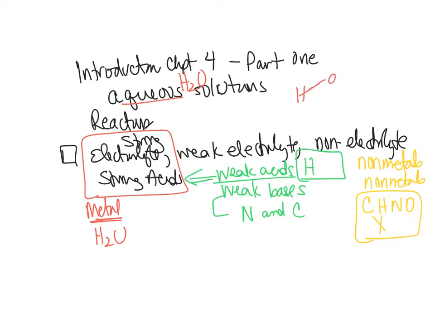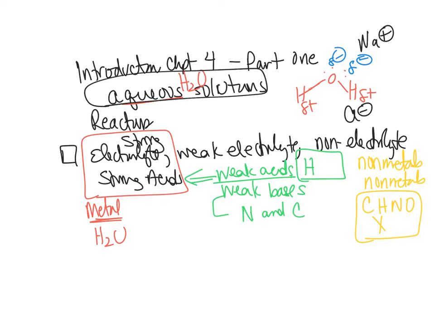And water has this dipole, which is the hydrogens are slightly positive and the oxygens are slightly negative. And so it can orientate these different molecules like sodium chloride, where the sodium is oriented near the oxygen and the chloride is oriented near the delta positive hydrogens. So we're talking about aqueous solutions, so we are talking about water.